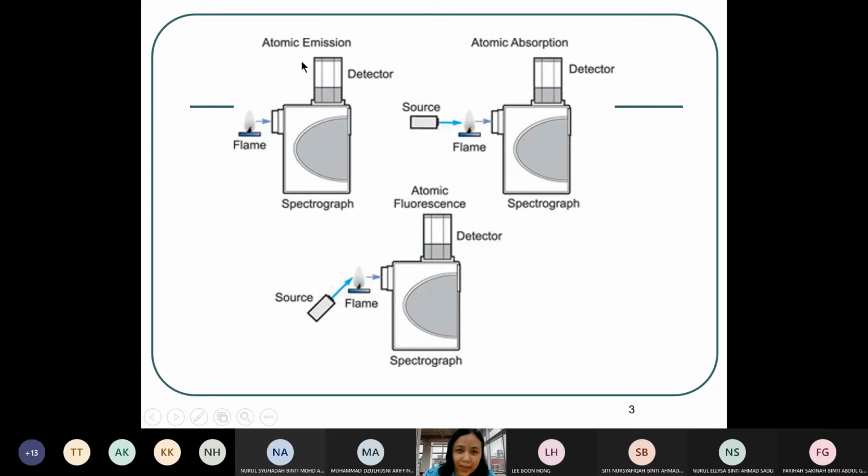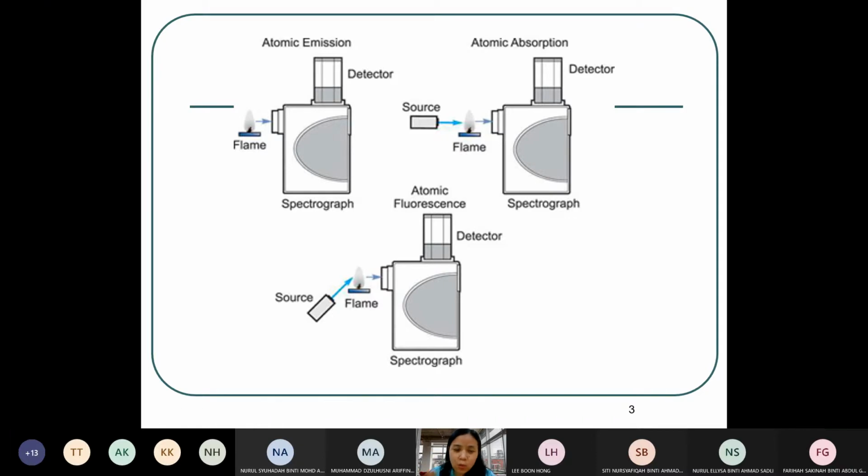What is special about AES, as compared to AAS and AFS, is that AES is meant for multi-elemental analysis. So within a single test run, it can detect more than one element. For AAS and AFS, no. It can only detect one element at one point in time.